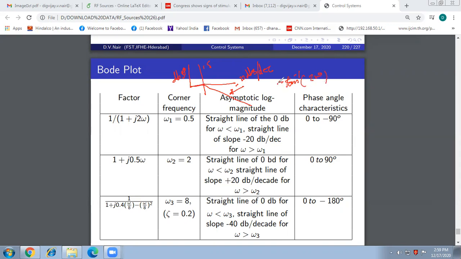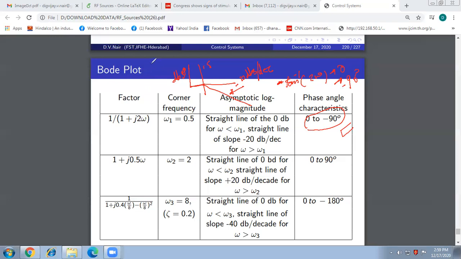So at omega equal to 0, tan inverse of 0 will be 0. At omega equal to infinity, it will be 90 degrees. So as omega changes from 0 to infinity, the phase angle changes from 0 to minus 90 degrees, minus because it is a pole here, right? That is the phase angle contribution of this particular term in the phase angle plot.